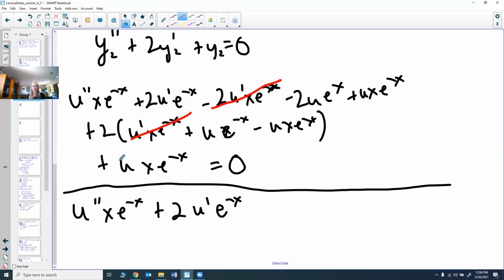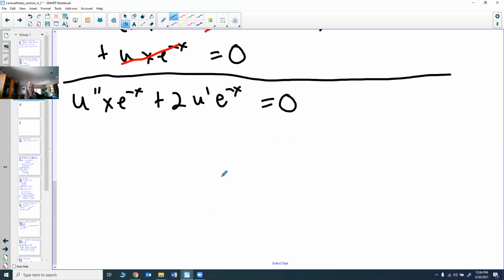So that's going to be one, and then we have another one here. So these all cancel. And then we have a minus 2u e to the minus x, and we have a plus 2u e to the minus x, and those all cancel. So now I see that I have just this 2u prime e to the negative x and this u double prime x e to the negative x, and that equals 0. So we just collected all of our like terms, and we have this.